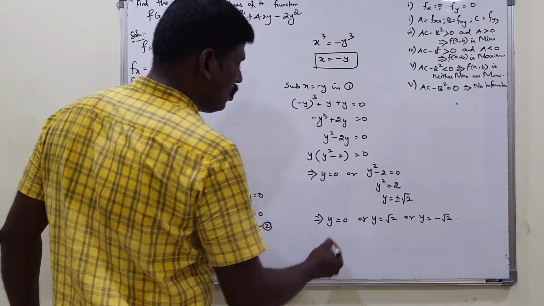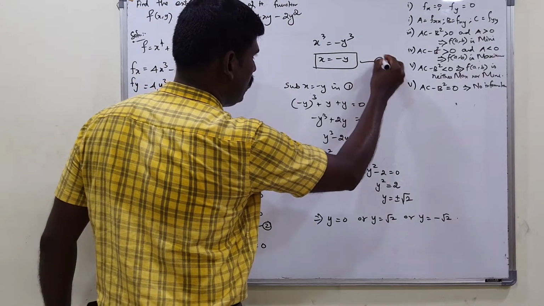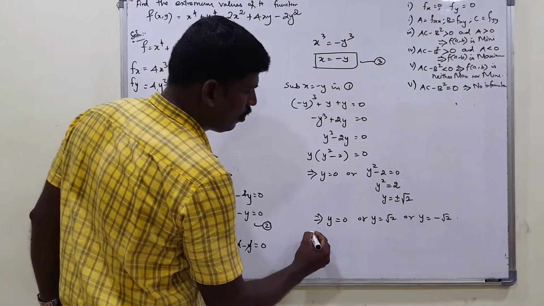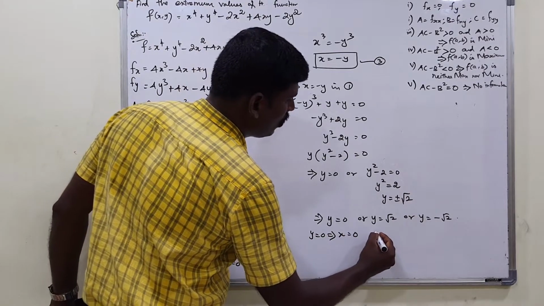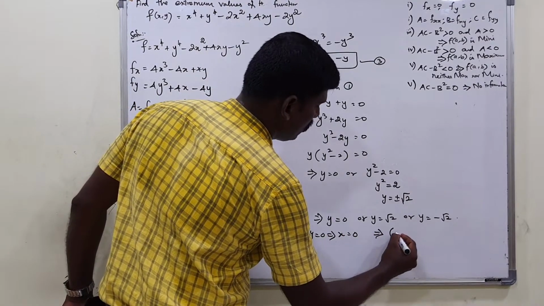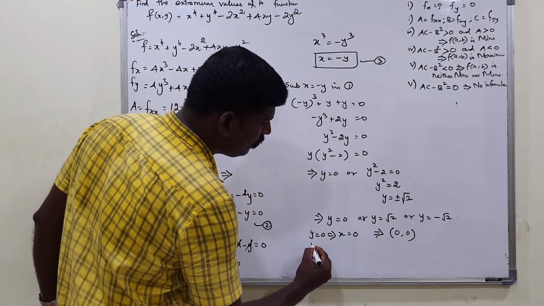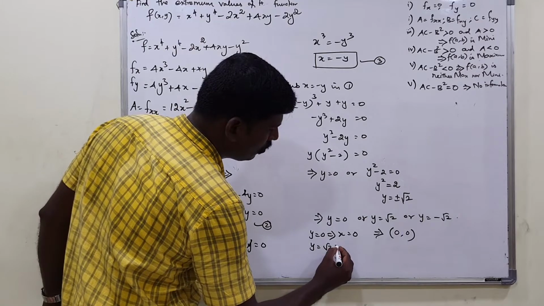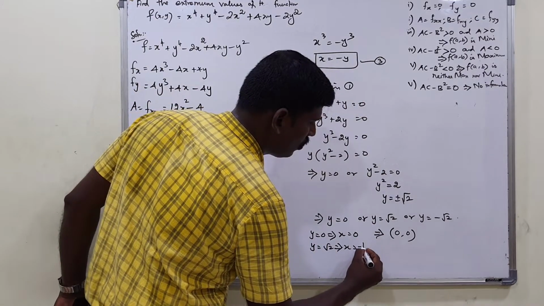Right? So substitute these points in 3, you can get the corresponding value of x. y equal to 0 implies, what is x? x equal to 0. You can get the point (0, 0). y equal to root 2 implies, what is x? x equal to minus root 2.